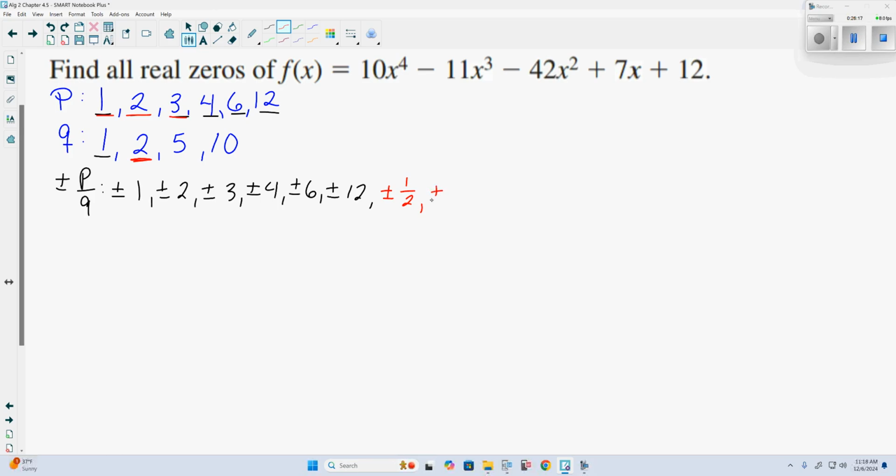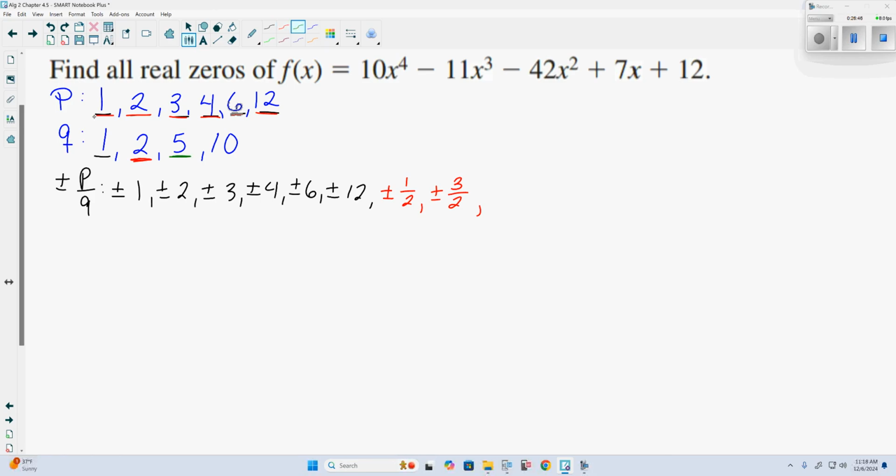That doesn't reduce and it's not listed, so we have plus or minus 3/2. Then we can move on to 4 divided by 2, which is 2. It's already there. We don't list it again. Then 6 divided by 2 is 3, already there. 12 divided by 2 is already there. So it just added 1/2 and 3/2.